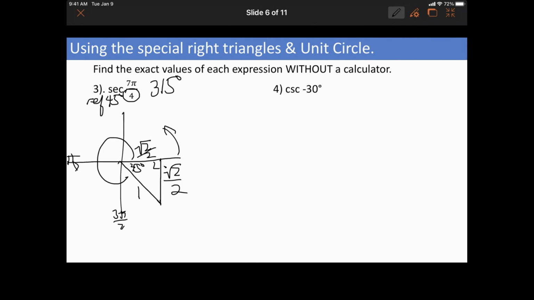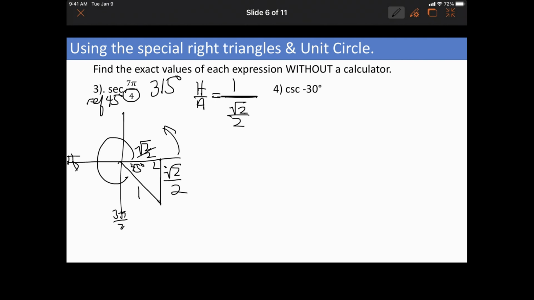Secant. Okay, secant is hypotenuse over adjacent. Adjacent is always going to be the side that, if you write it in standard form, is always going to be the leg that's along the x-axis. So the hypotenuse is 1, and then the adjacent is root 2 over 2.